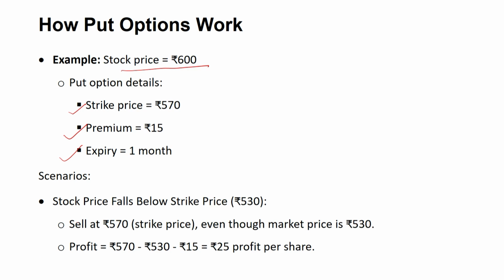Under this scenario, if the stock price falls below the strike price, suppose to 530 rupees, and you sell it at 570, that is the strike price negotiated under the contract, then in such a case you can have a profit of 570, that is the strike price, less the actual stock price of 530 rupees and the option premium that you have paid. Then you have a profit of 25 rupees under the put option contract if you take the position of the holder of the put option contract.